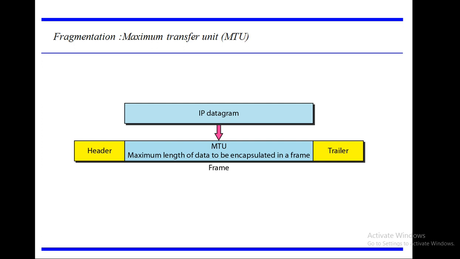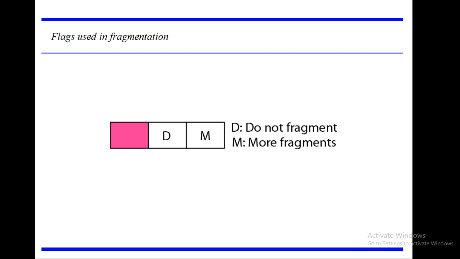Okay. Now, what are the fields which affect this fragmentation? The flags, if you go back and check, the flags which are of 3 bits are the main bits which will affect the fragmentation. You can see here, these are the flags which are used in the fragmentation. The first one is not used. The second one is D, which says do not fragment, and M, which says more fragments.